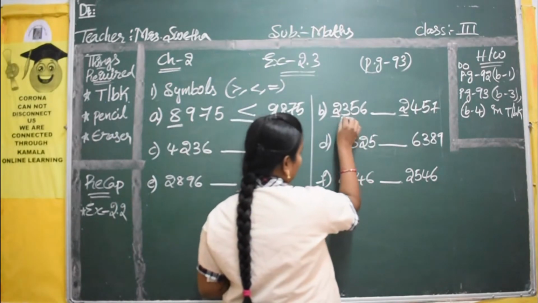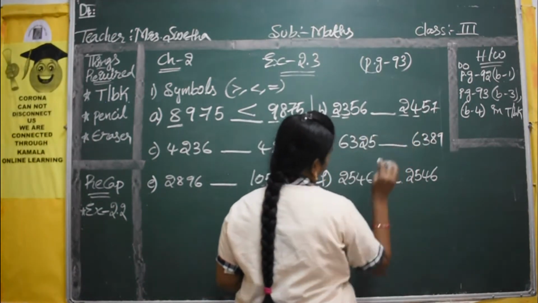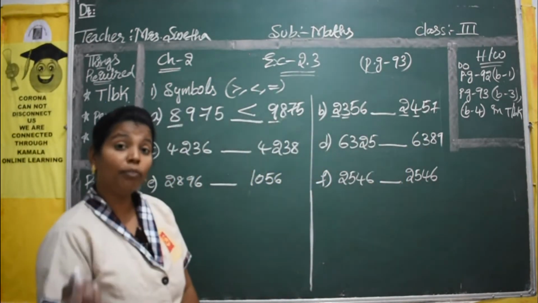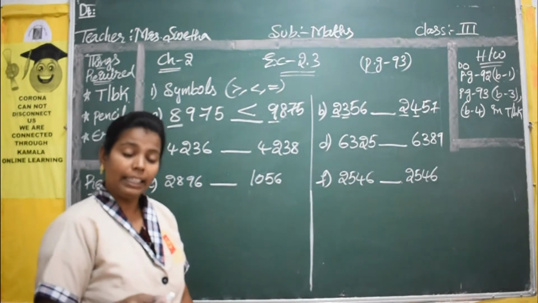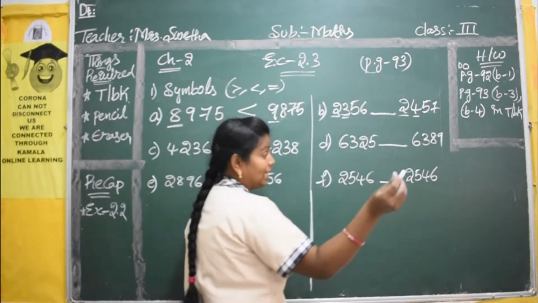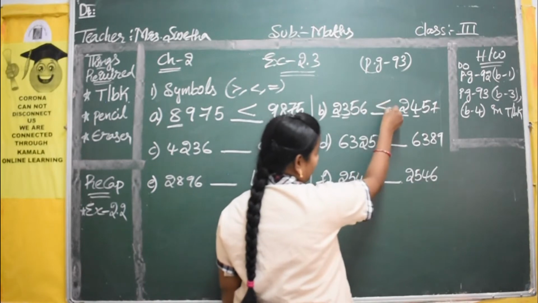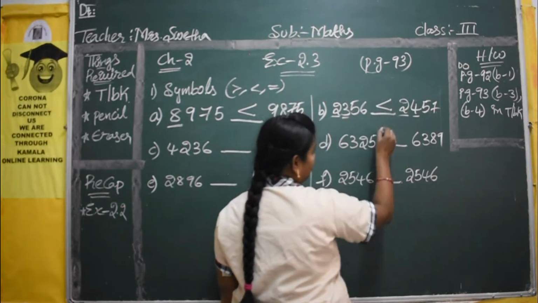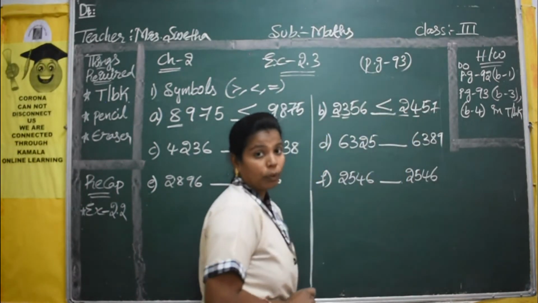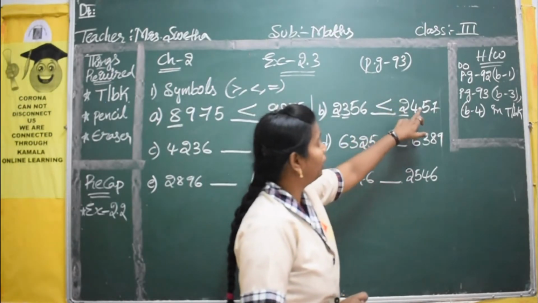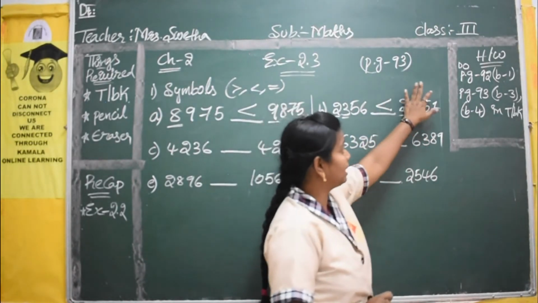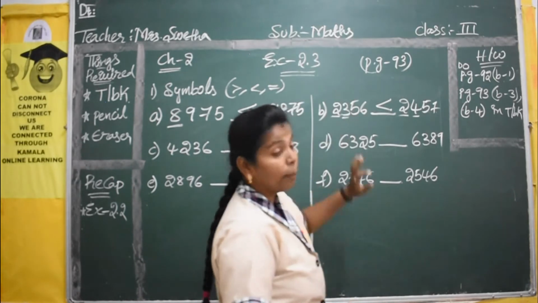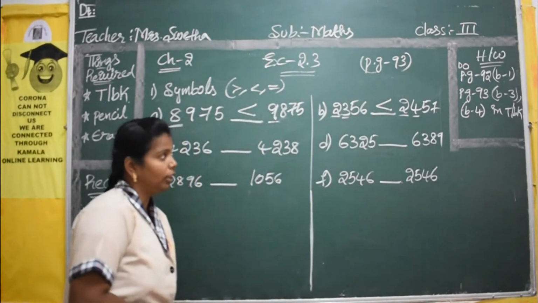So now we will go to the second digit. 3 and 4. From this 3 and 4, which is the bigger one? Yes, very good, it is 4. So we will open the symbol mouth to the 4 side. This complete set becomes the bigger one and this complete set becomes the smaller one.